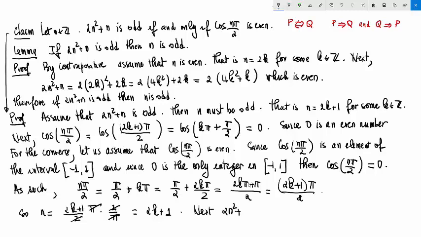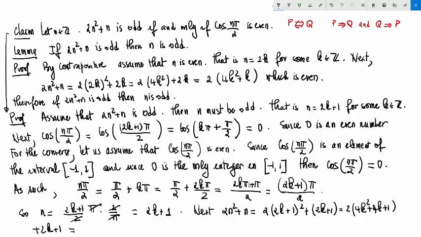Next, 2n squared plus n becomes then 2 times 2k plus 1 squared plus 2k plus 1, which is going to be equal to 2 times 4k squared plus 4k plus 1 plus 2k plus 1.